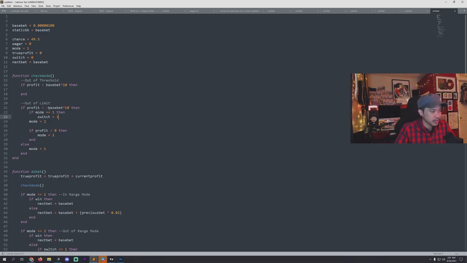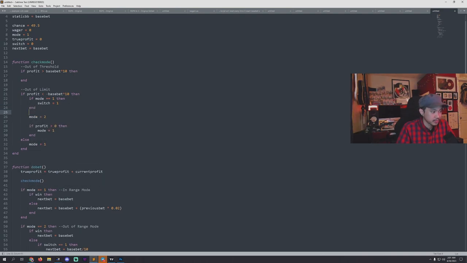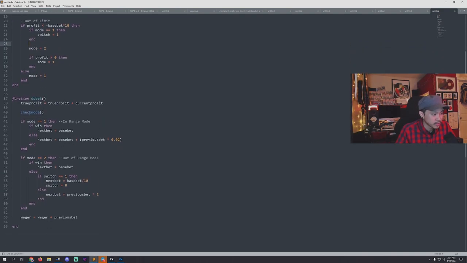When the switch is on, it'll check mode, it'll go in here, oh it's under 10%. And the mode is 1. Okay, then we'll put the switch to 1, right? And now switch is 1. So here we come out, it's on mode 2, switch is 1. It goes to mode 2 and it lost.